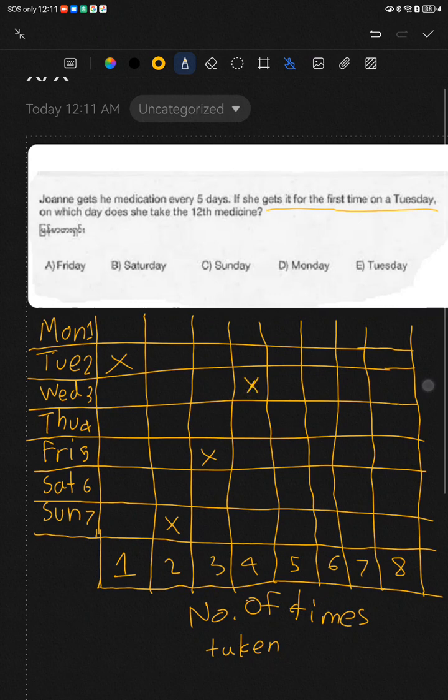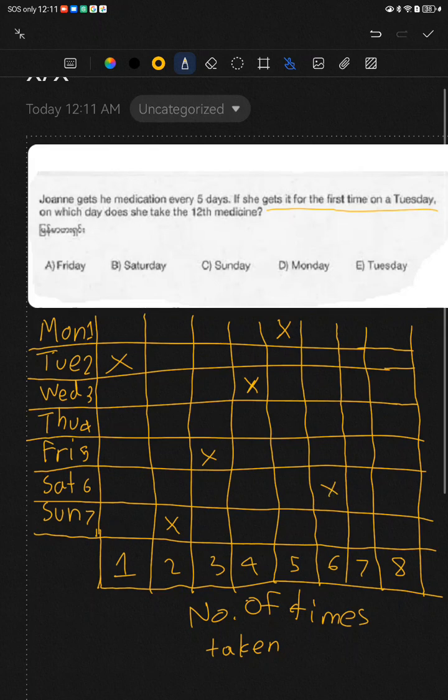On the 5th time, she'll get it on Monday. She'll take that pill. Sorry, I keep saying day. It should be number of times taken. My bad. On the sixth time, she'll get it on Saturday.